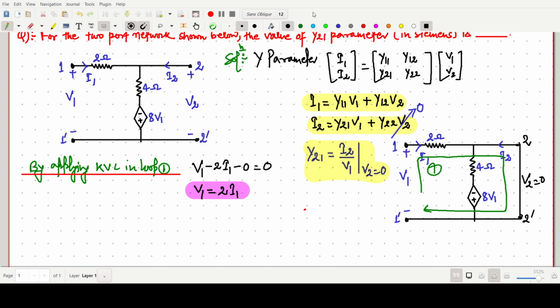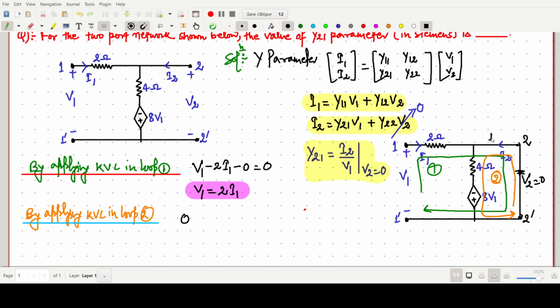Now again we can apply KVL in this loop, say loop number 2. By applying KVL in loop 2, V2 is 0, so one can start from V2 equals 0.